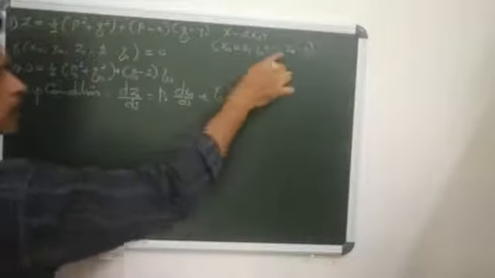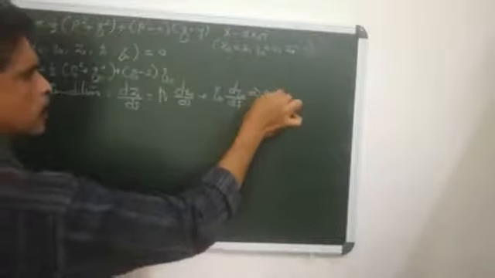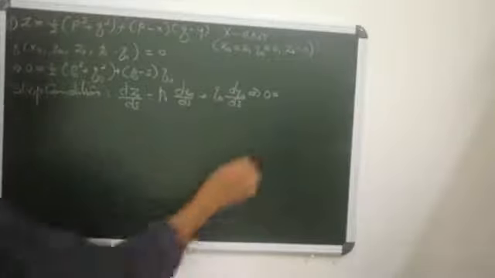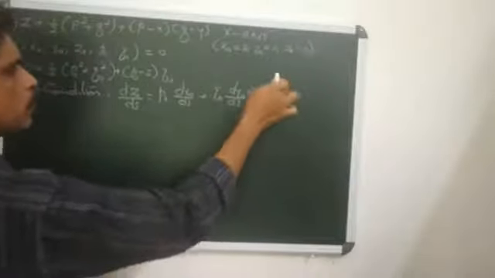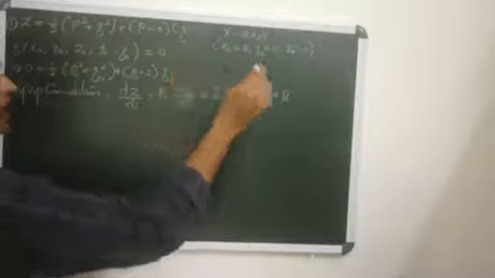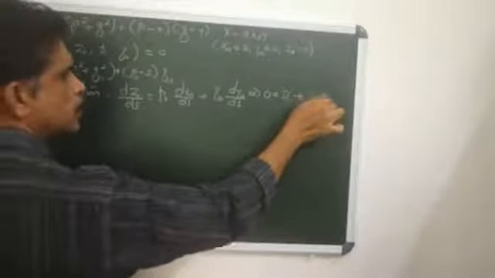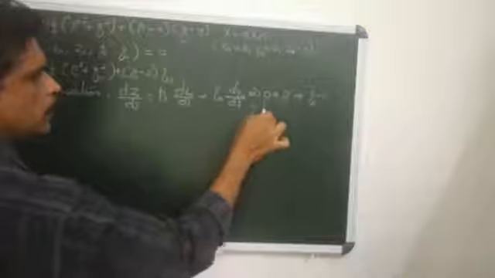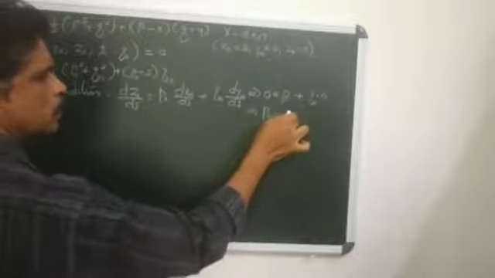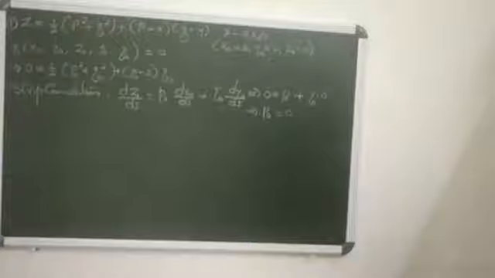So what is z_0? That is 0. So that means 0 equals p_0 into dx_0/ds, which is 1, plus q_0 into dy_0/ds, which is 0. So that means here p_0 equals 0.